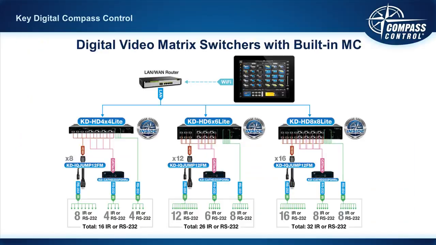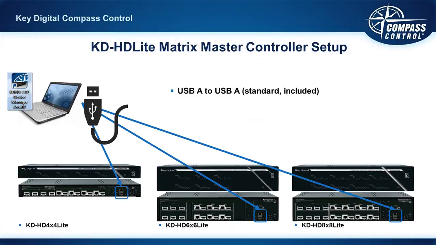The 4x4 is a 16, the 6x6 is a 26, and the 8x8 is a 32-port master controller with built-in compass control. And in fact, there are actually 17, 27, and 33 ports when you consider that the RS-232 port becomes available without the need for an external control system. We call those the bonus ports, as you may remember from your C1 exam.